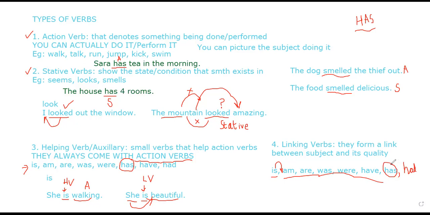State is something that is just showing that this is how it exists. A helping verb will always come with a main verb, with an action verb. And a link is just between a quality and a noun or pronoun. Any pronoun or noun and its quality. Uzma is intelligent. Whatever. Okay, so on and so forth. I hope that this is clear.